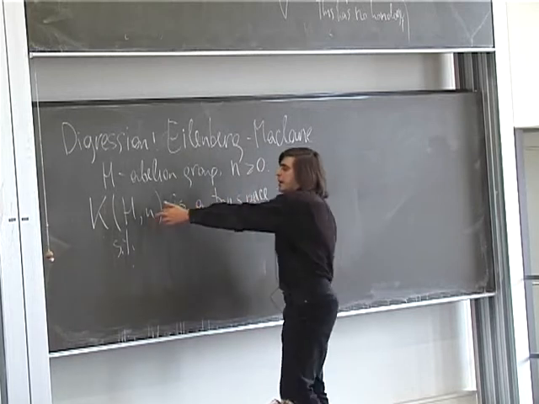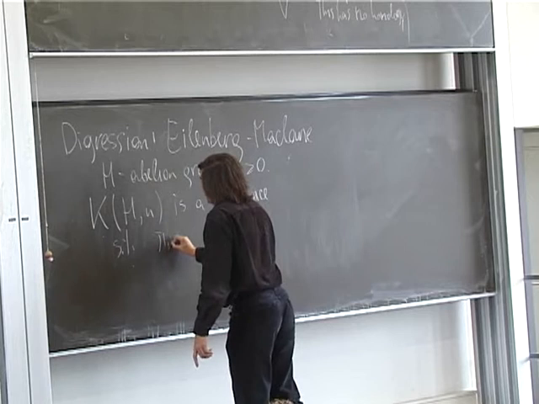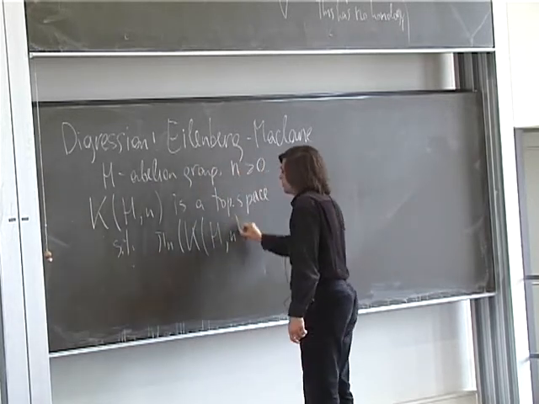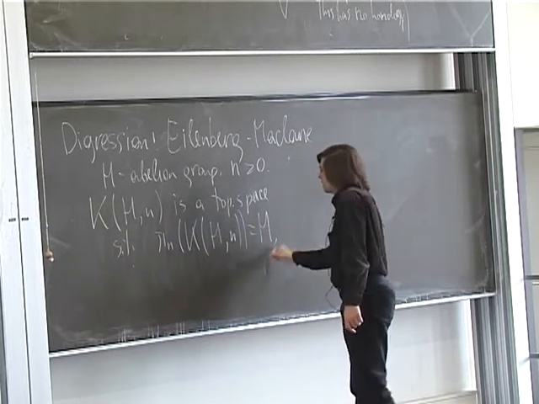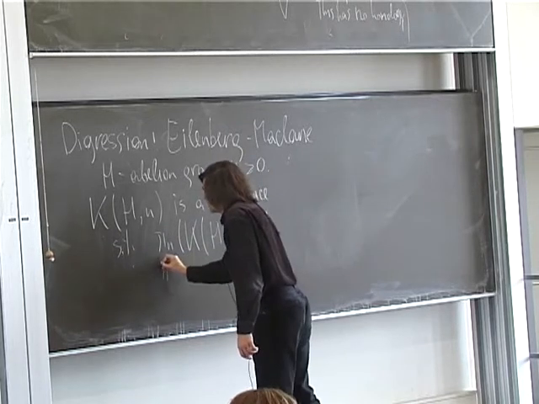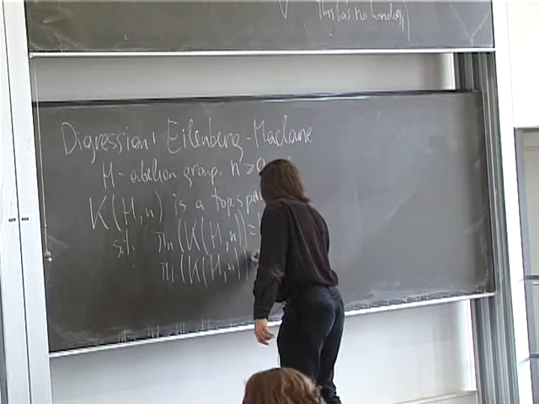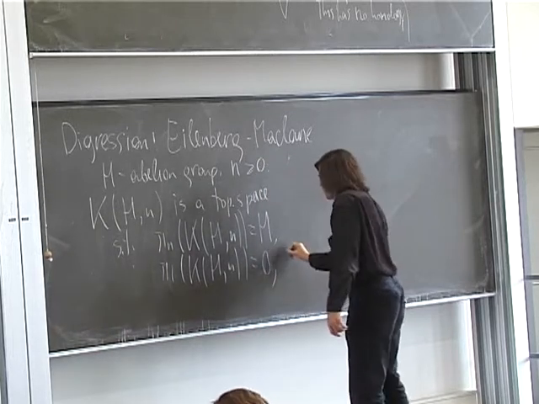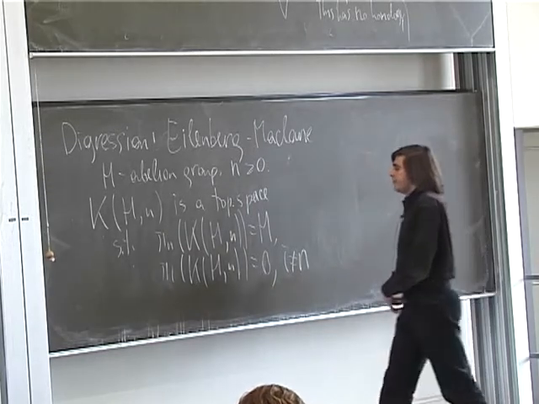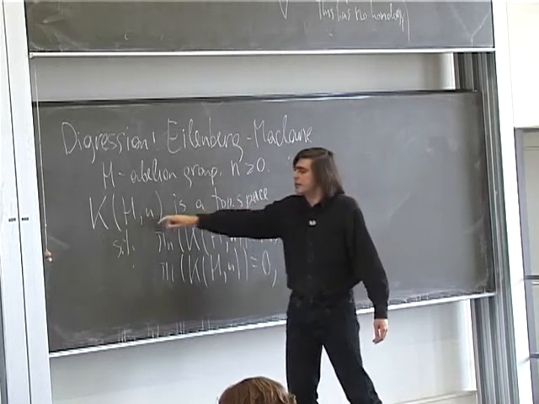for any topological space we have homotopy groups. So we want the nth homotopy group of this thing to be equal to H, and all the other homotopy groups must vanish. It's a rather standard theorem which says that such a thing exists, and it's unique up to homotopy.